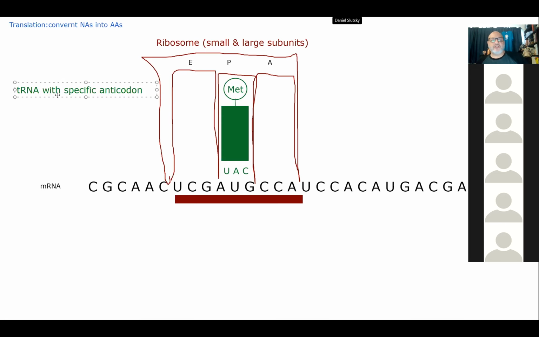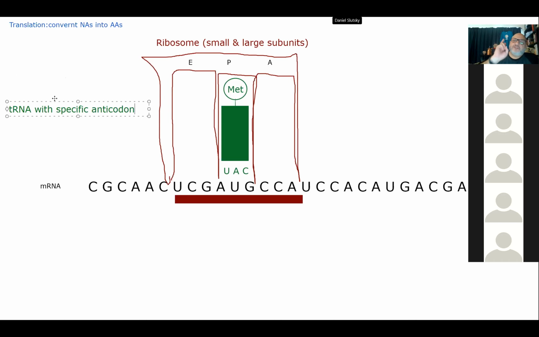These 4 things all come together: messenger RNA, small subunit of the ribosome, large subunit of the ribosome, transfer RNA. Those 4 things all come together at the start codon. Boom, that's step one, right?